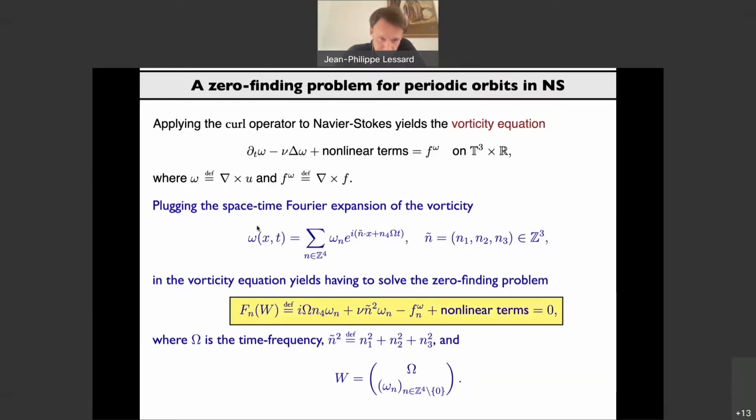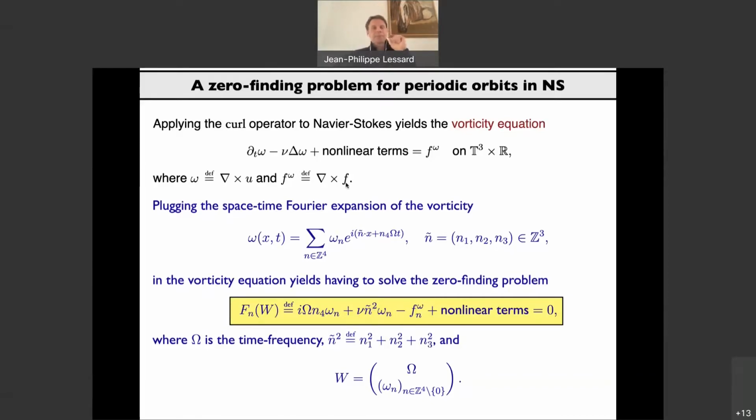So that's, if you think of plugging the vorticity in that term here, then you'll have a derivative with respect to time. So you have i n_4 omega appearing, omega_n, plus, and now if you apply the Laplacian to W, then you'll have this plus nu n tilde square, where n tilde square is by definition n_1 square plus n_2 square plus n_3 square.